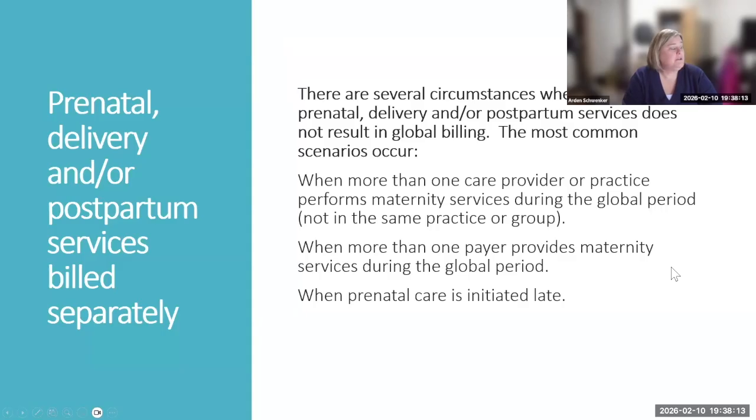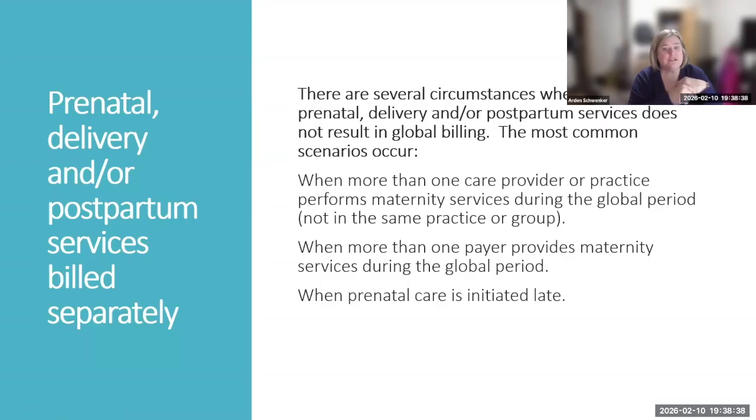So when do you not bill global? When do you bill separate prenatal, delivery, and postpartum services? The most common scenarios occur when more than one provider or practice performs maternity care during the global period. So they transfer into you from a different practice or a different group.